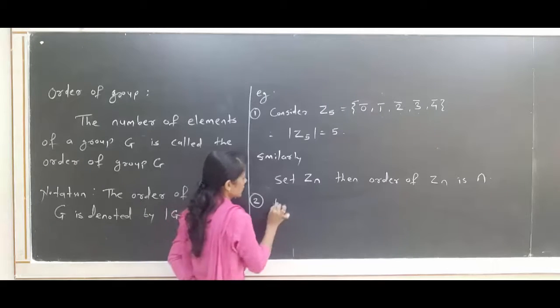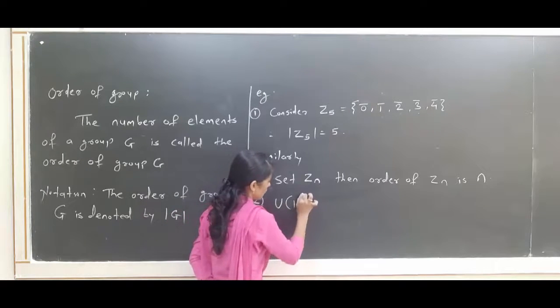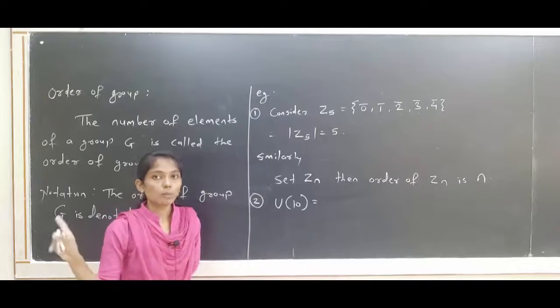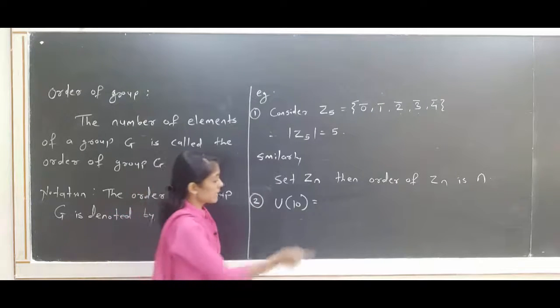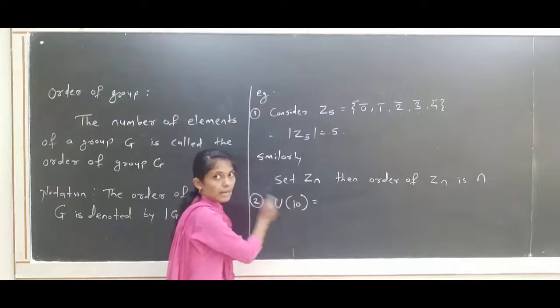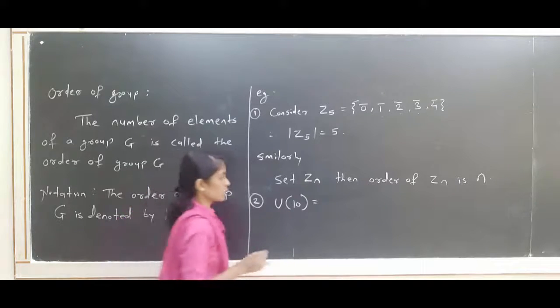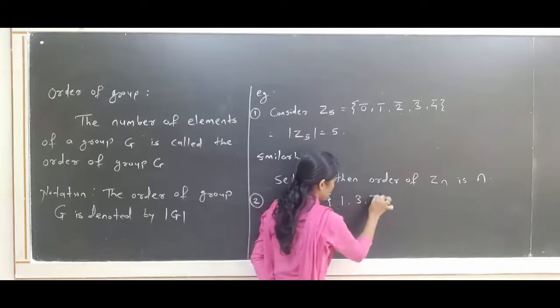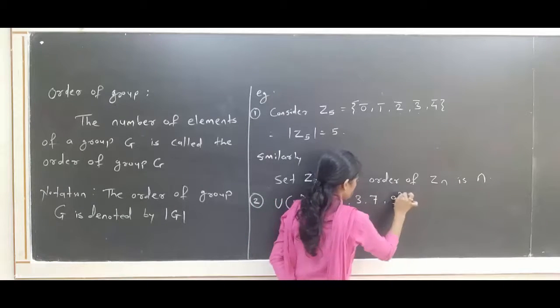So here if we consider the set U of 10. So U of 10, that is the set of all positive integers less than 10 and relatively prime to 10. So here we write the elements 1, 3, 7 and 9.